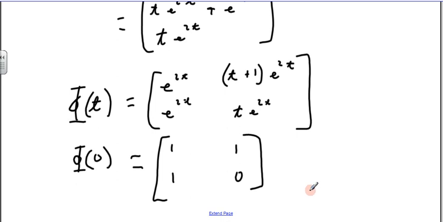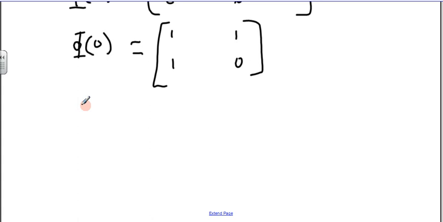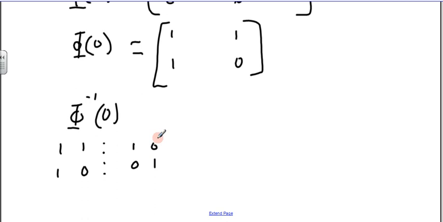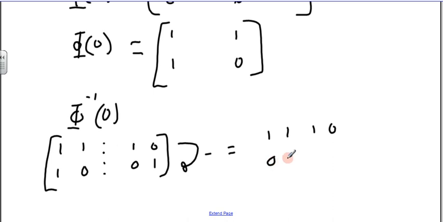And now we're going to go and find iota inverse at 0. And 1, 1, 1, 0, 1, 0, 0, 1. We're going to take the top guy and subtract him from the bottom guy. 1, 1, 1, 0, 0, minus 1, minus 1, 1.